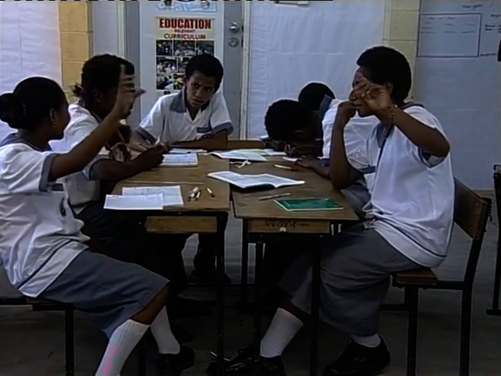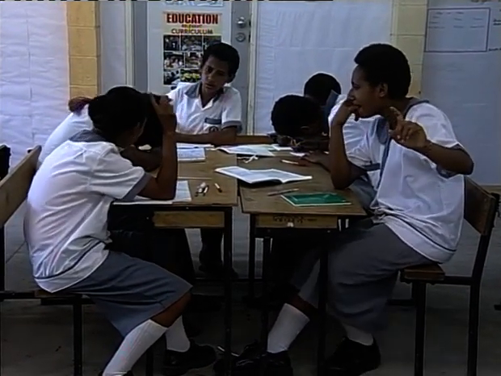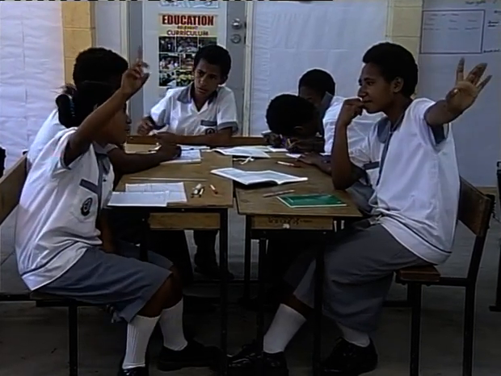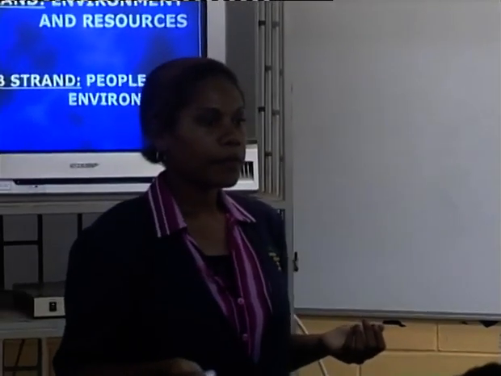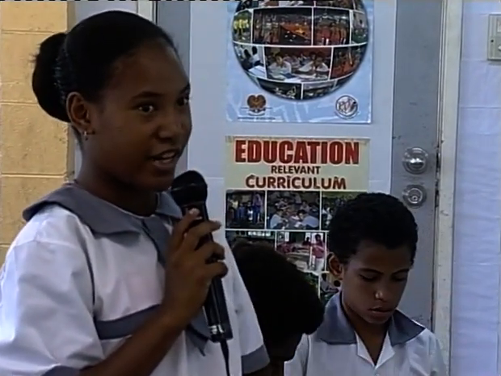In your previous lesson, you looked at climate graphs. All right, you should know what it is. All right, Rose? A graph containing the rainfall measurements and the temperature readings.